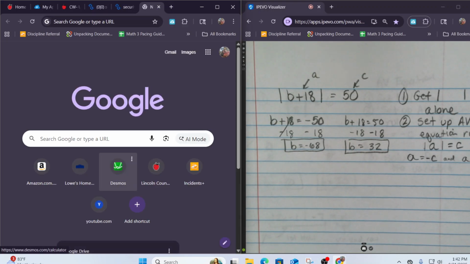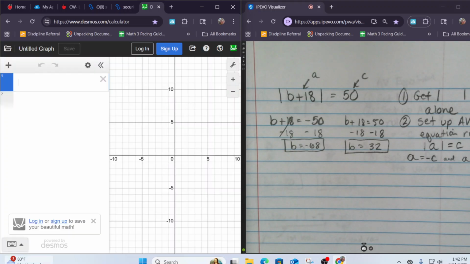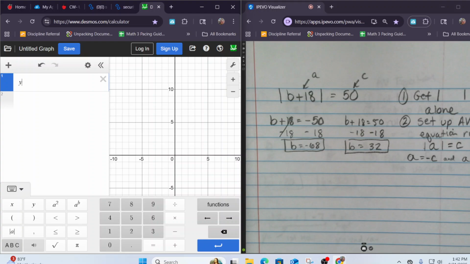If I spend all that time, I want to see if it's right. Remember with Desmos, use the X variable. That's the one that seems to work better. So y equals the left side, y equals the right side.